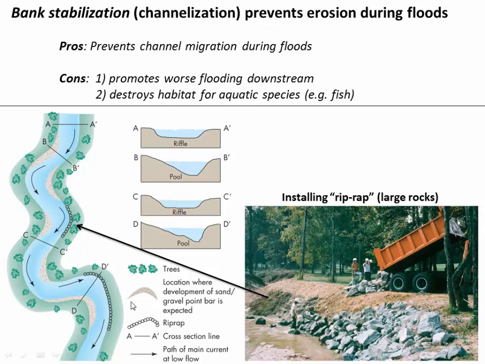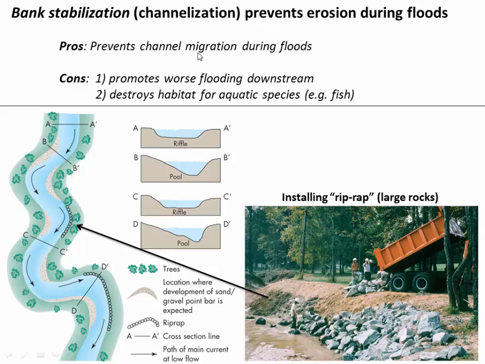Okay? So it's quite common we'll place this material on the outside of a bend, as shown by these circles here, so that during a flood, keep in mind the deepest, fastest water is on the outside, so that energy will be right up against the riprap, and there will not be any erosion. So this stuff's great.